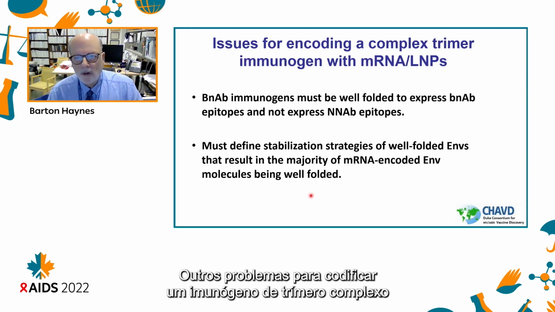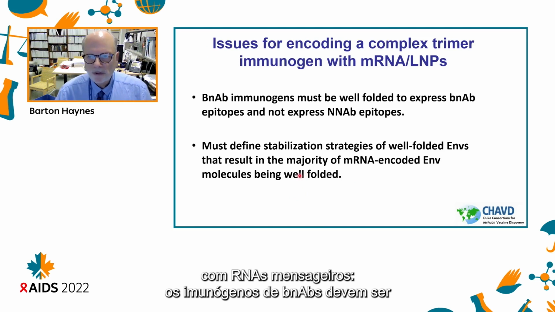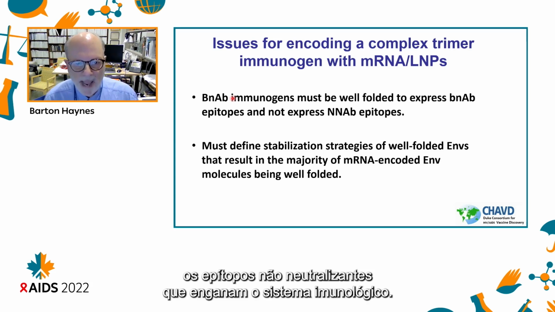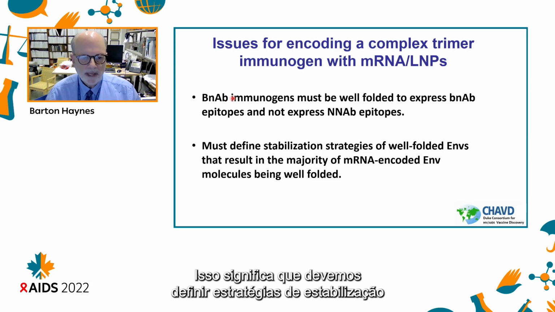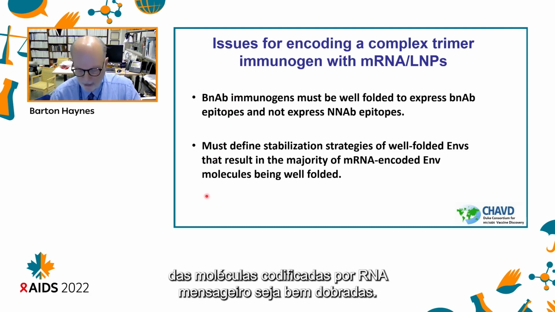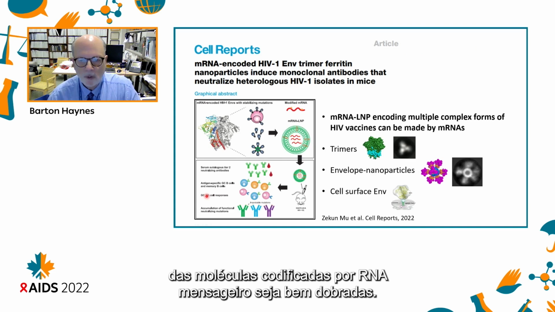Other issues for encoding a complex trimer immunogen with messenger RNAs are that broadly neutralizing immunogens must be well folded to express broad neutralizing epitopes and to not express the diverting non-neutralizing epitopes. And secondly, that means we must define stabilization strategies of well-folded envelopes that result in the majority of messenger RNA-encoded molecules being well folded.